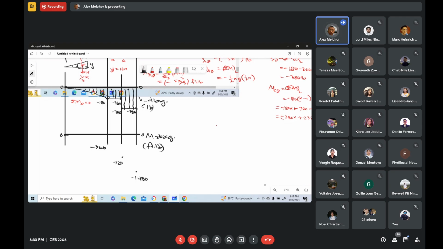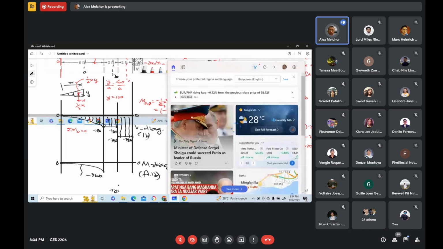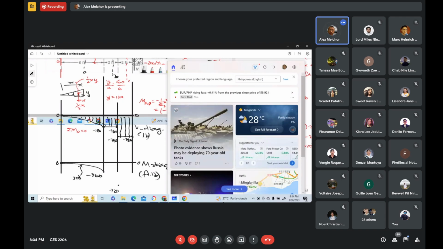Why third degree curve for this? Because if you see here, moment equation for segment AB, we have x cube. So the exponent here is 3. So that's why this is third degree curve.